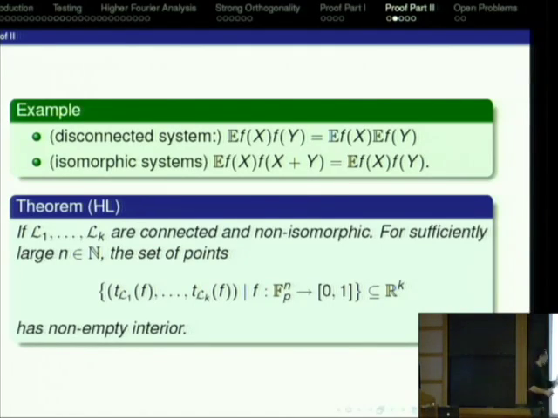If you have non-isomorphic connected graphs, similar to here, and you look at these averages, homomorphism densities, t of H1 to Hk, for some different graphs, you get again a set, and they prove that it has non-empty interior. So the subgraph density here is replaced by this linear pattern density.